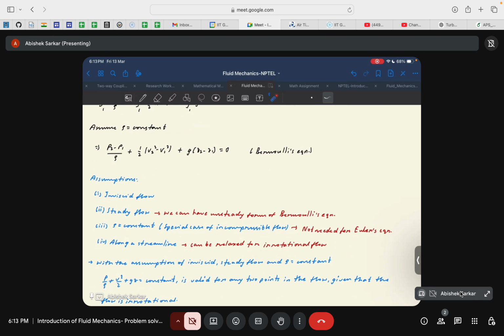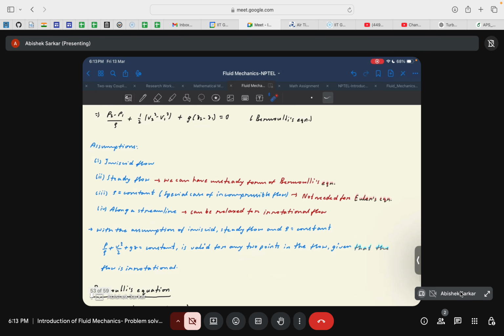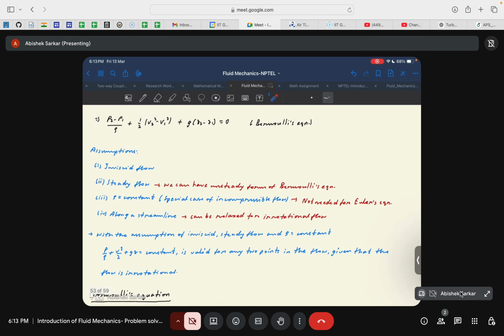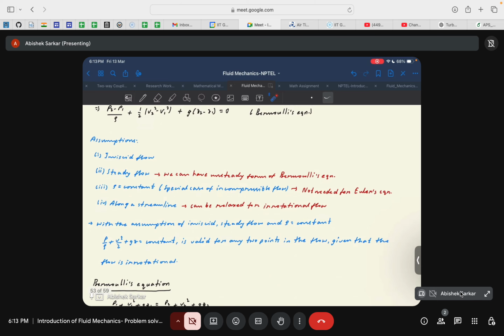So if the flow is irrotational, then Bernoulli's equation can be applied at any two points in the flow field, of course given that the previous three assumptions are valid. I will give you some time to digest this blue and red paragraph.